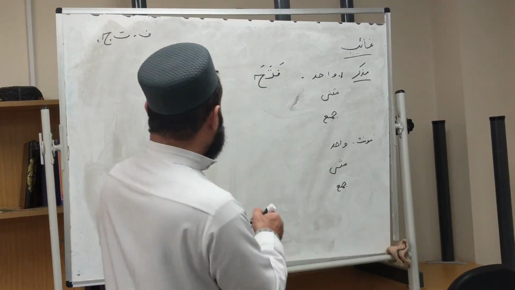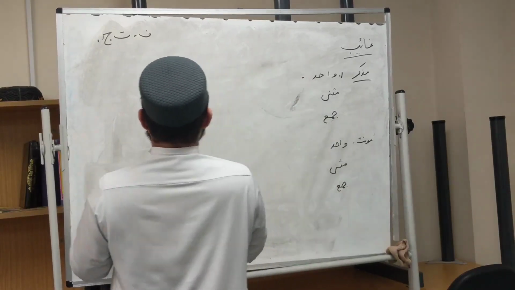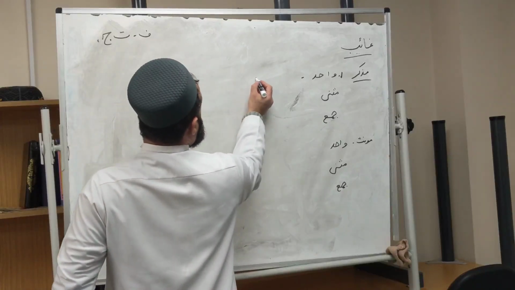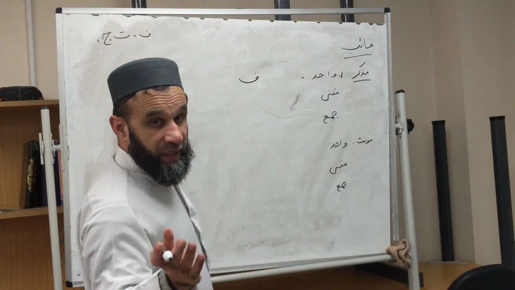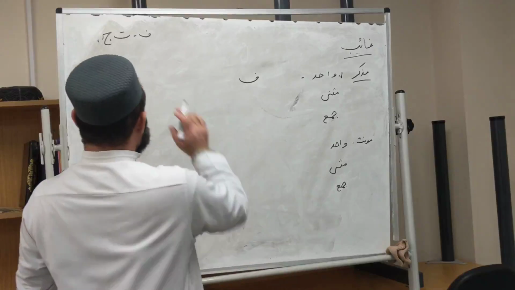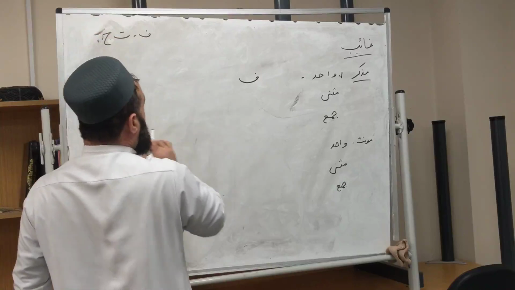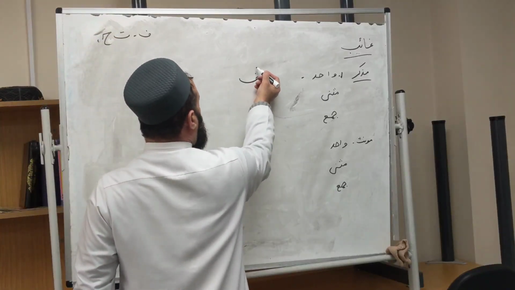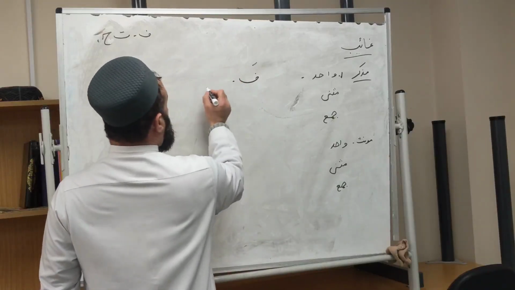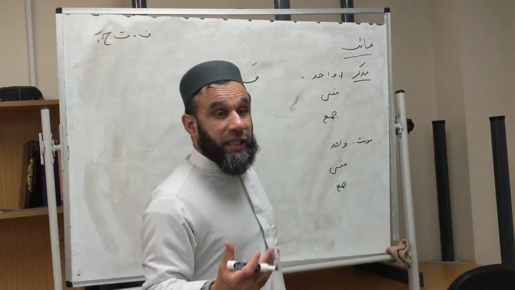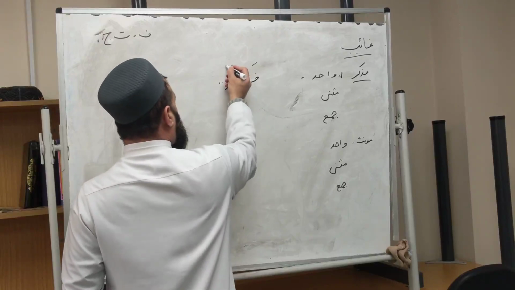So the method is that you always give, what is fa kalima? Fa. What is ain kalima? Ta. What is lam kalima? Ha. So fa kalima will always get fatha. And the second root letter, which is ain kalima, can get fatha, kasra or dhamma.